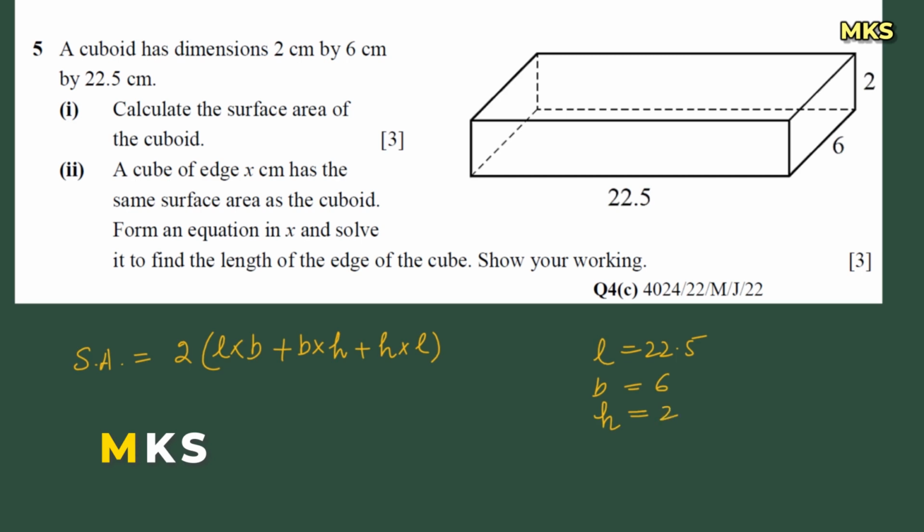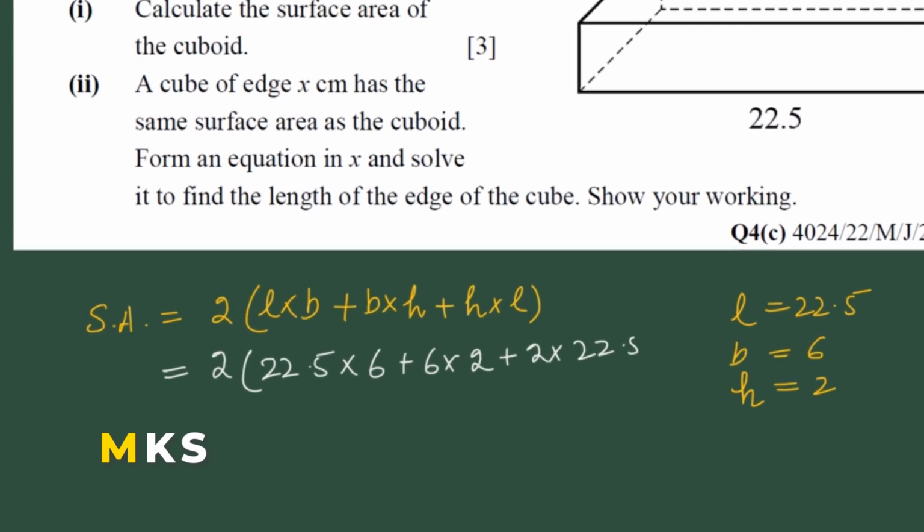So we will simply substitute the values of L, B and H in the formula to find the total surface area. 2 in the bracket, length is 22.5 multiplied by 6 plus 6 times H is 2 plus 2 times length is 22.5.